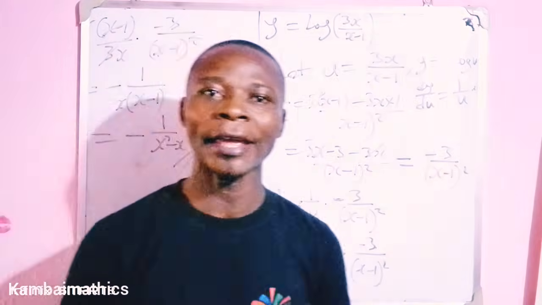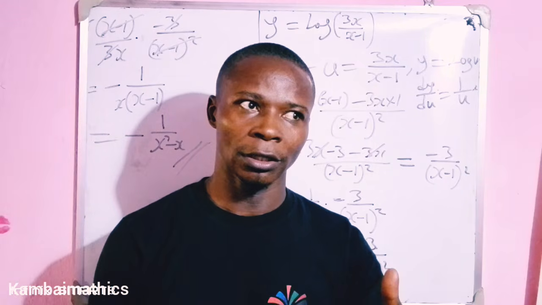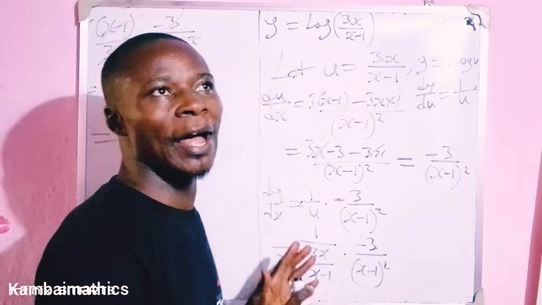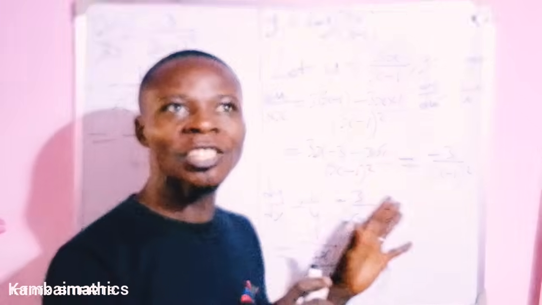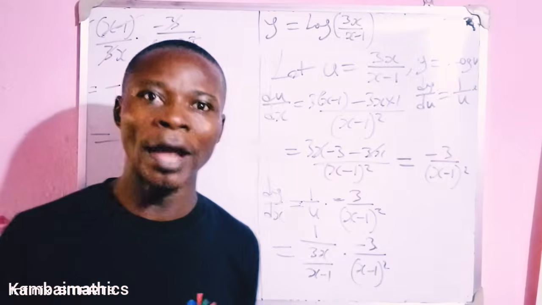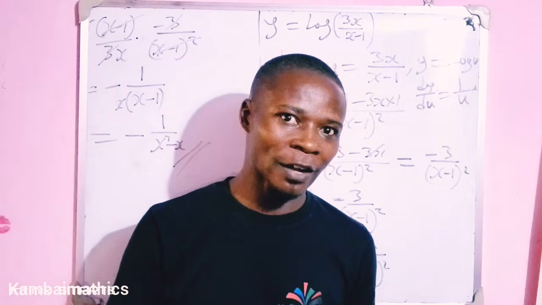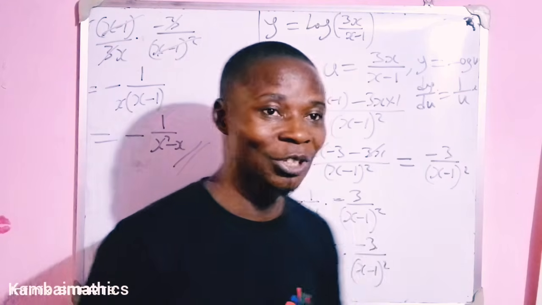So I would like to solve problems on implicit functions. This particular aspect of differentiation that we have been doing is called explicit function. In a situation whereby you are combining the dependent variable and the independent variable in the same place, we call it implicit function. Let's dive into it.